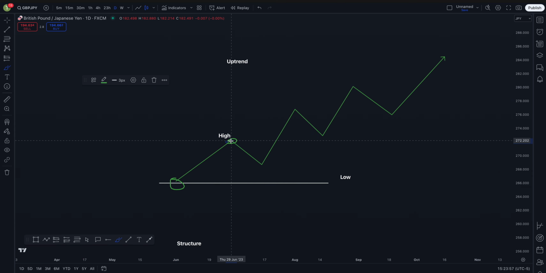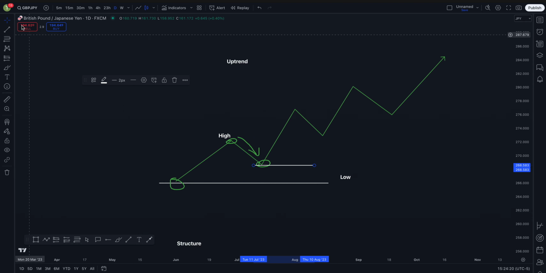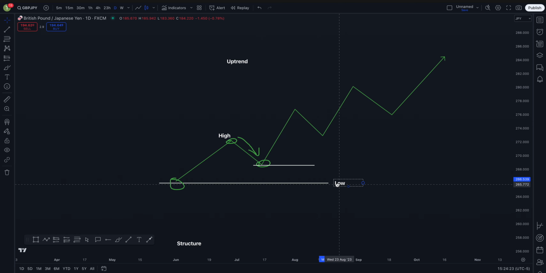But when it got to this high, the price got exhausted, which caused a pullback in the opposite direction. So this is what we call a pullback. And because this is a high, this now becomes a new low.